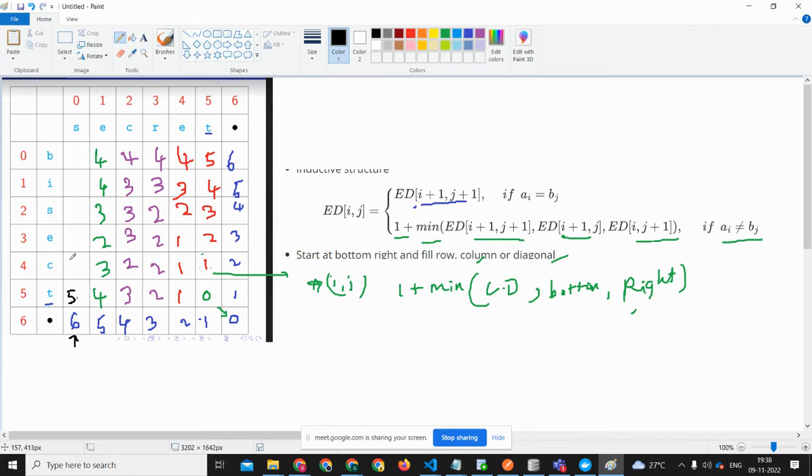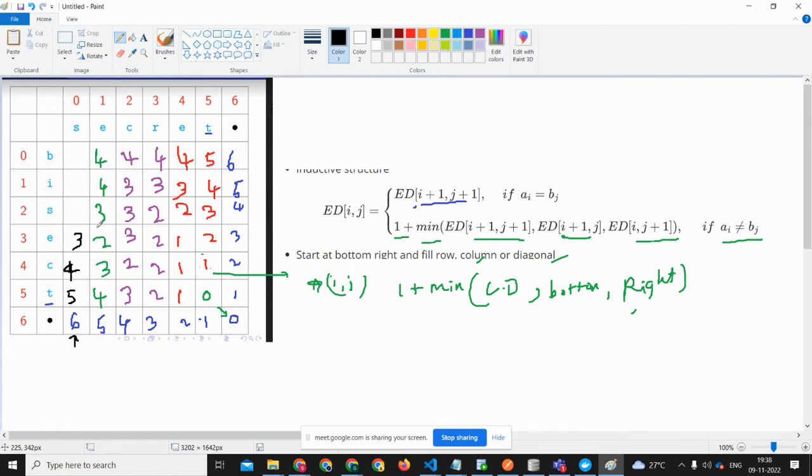C and S doesn't match. 3 plus 1, 4. And it is 2 plus 1, 3. Very good. And it's matching.